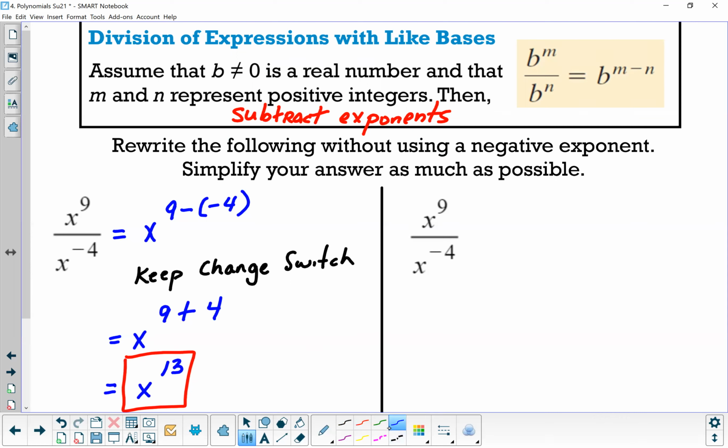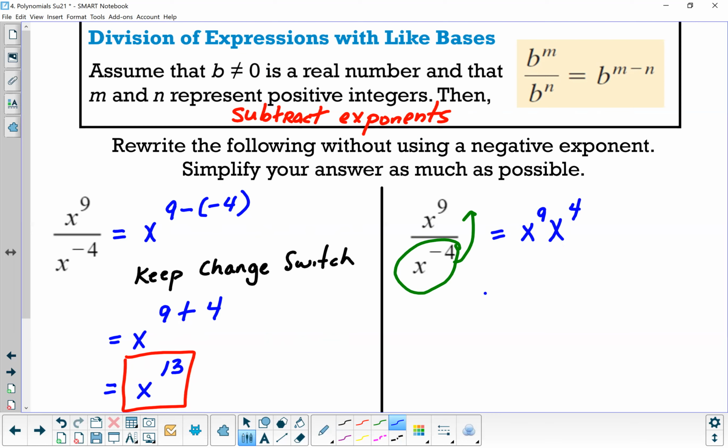And so I have x to the 9th divided by x to the negative 4. And I am going to take the reciprocal of x to the negative 4. So that gives me x to the 9th times x to the 4th. Notice how my negative 4 went to a positive 4 when I took the reciprocal. So now at this point, I have a product.